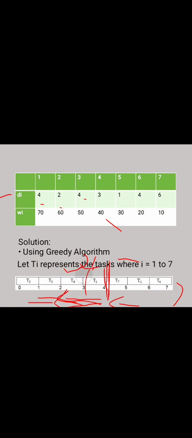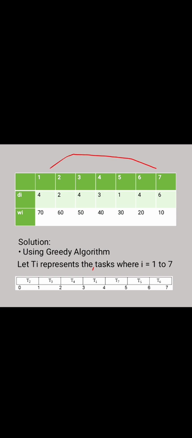So in here we have a table which has 7 tasks. So this one is the number of tasks, while d_i is the due time or deadline, and w_i is the penalty.